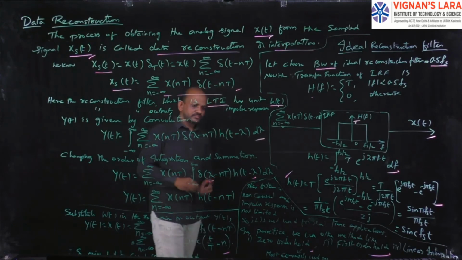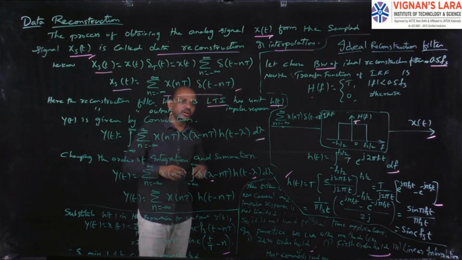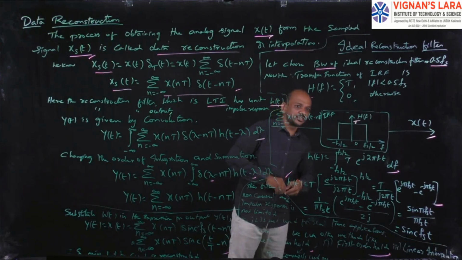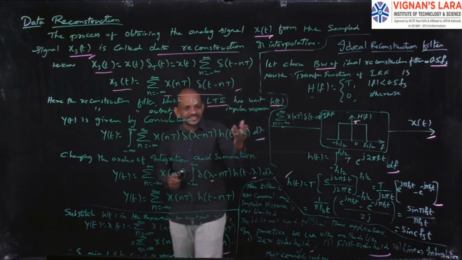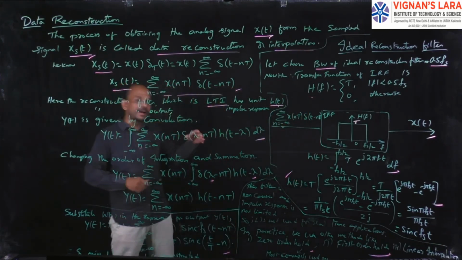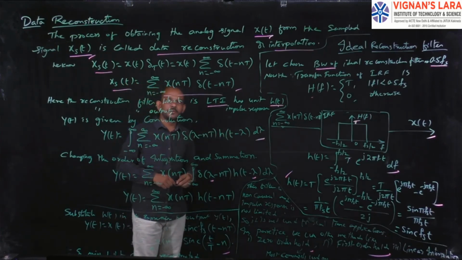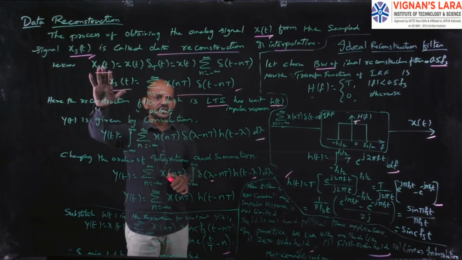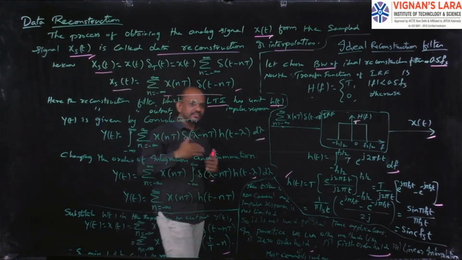So this is the explanation of how to reconstruct the signal from the sampled version, that is, reconstruction of the original analog signal from the sample signal. I hope you are all clear with this. First, I took the sample signal. How can I get the sample signal?